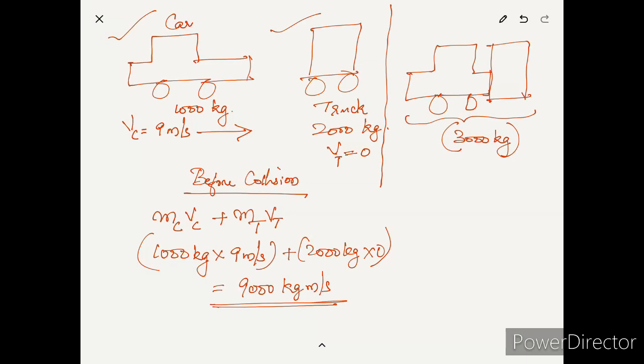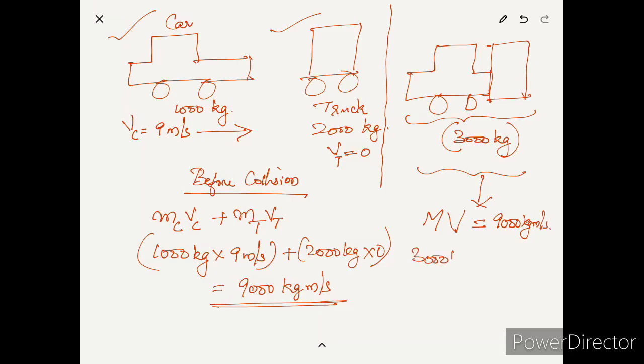It means that if before collision the total linear momentum is 9000 kilogram meter per second, then after collision also it must have a total linear momentum equal to 9000 kilogram meter per second. So this system must have a total linear momentum, that is total mass multiplied with the velocity of this combined system, equal to 9000 kilogram meter per second.